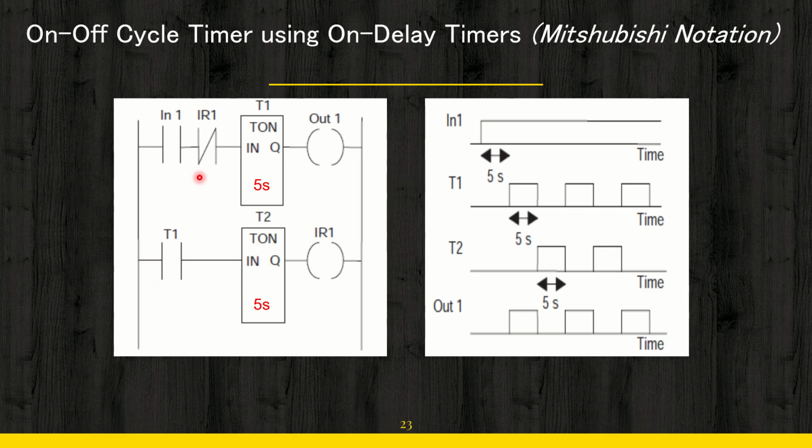In rung 1 we have got one input, this is an external input. Then there is one NC contact, which is the contact of the internal relay connected to the output of timer 2, which is present in the second rung, and this timer 2 is triggered by the contact of timer 1. And which contact?